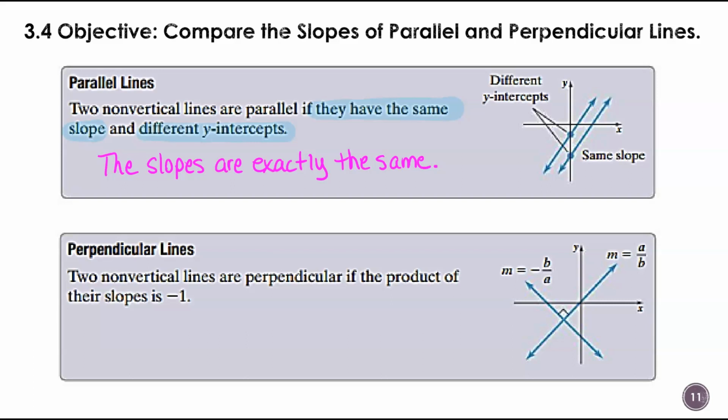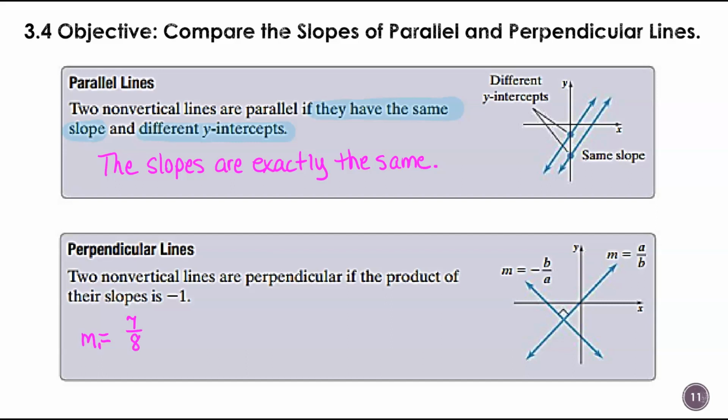Okay, so two non-vertical lines are perpendicular if the product of their slopes is -1. So that's one way to look at it. If I multiplied the slopes of perpendicular lines, then they would equal -1. So for instance, let's say that the slope of one of my lines was 7/8, right?